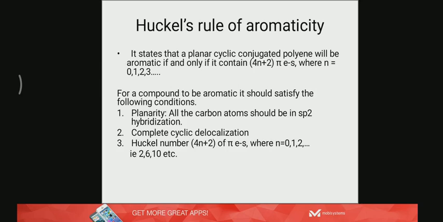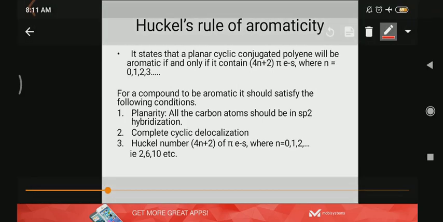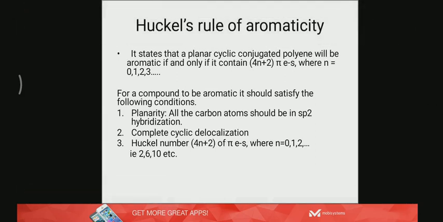So in Hückel's rule, we can see that there are mainly three conditions for a compound to be aromatic. Number one, it should be planar. Complete planarity is required. That is required for resonance to occur. Because, for example, if you take benzene itself, we have learned the structure of benzene in detail earlier on.